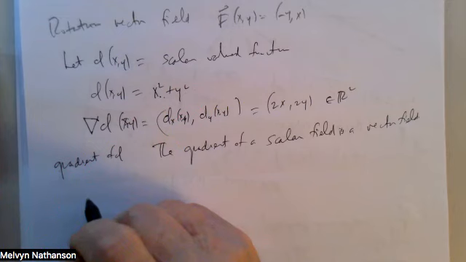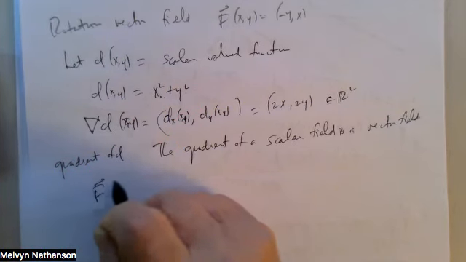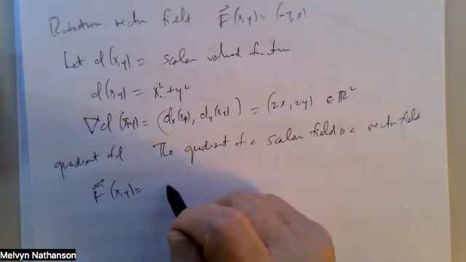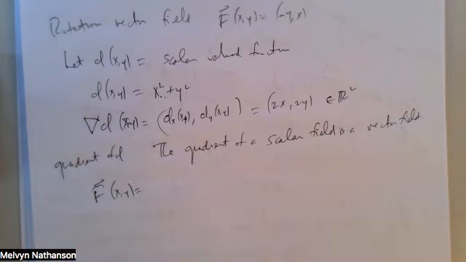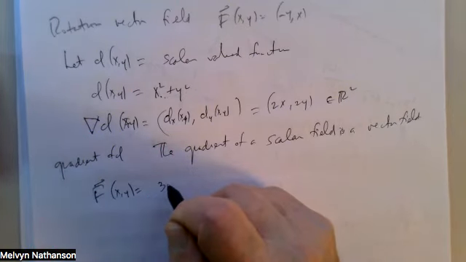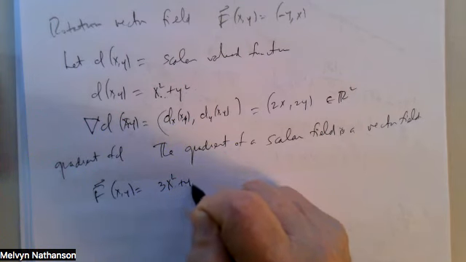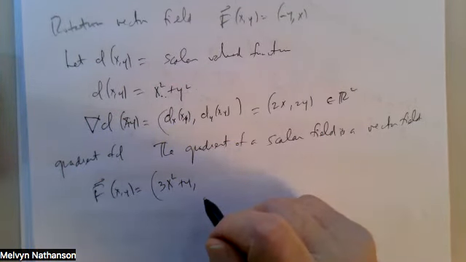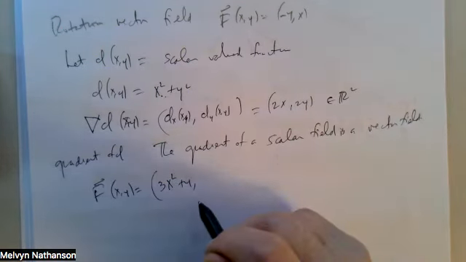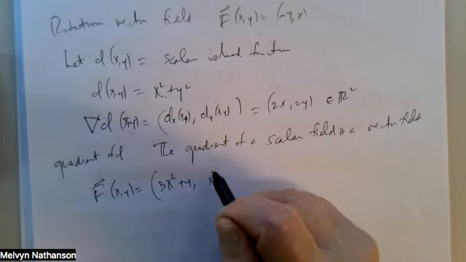So for example, suppose we have the vector field f of x y equals 3x squared plus y, x.